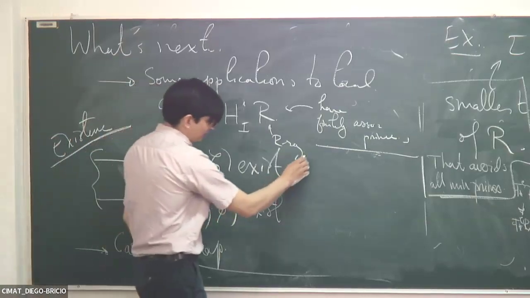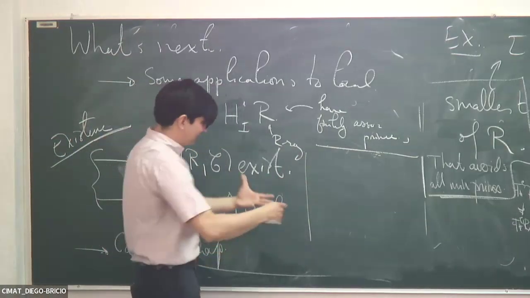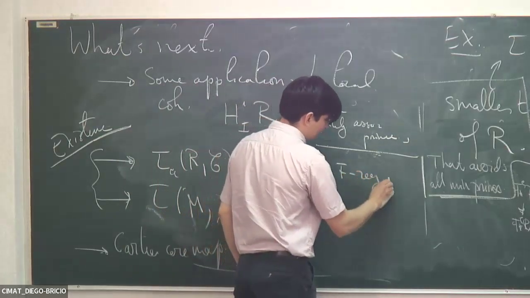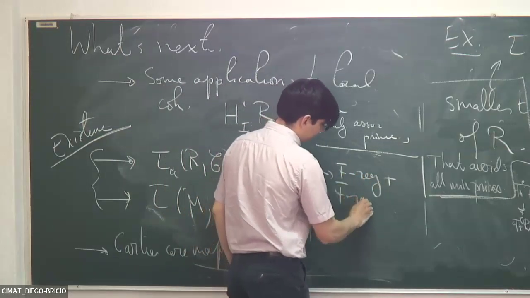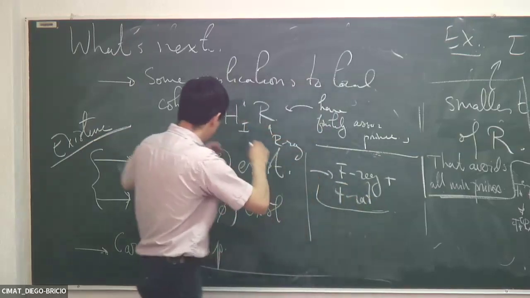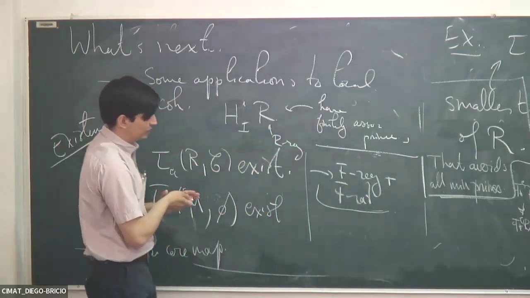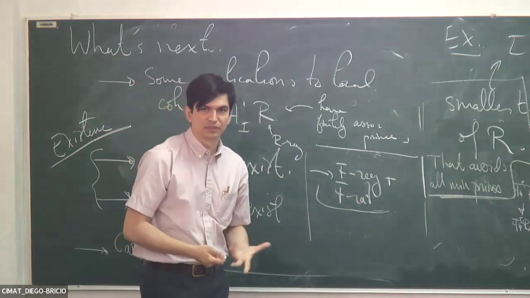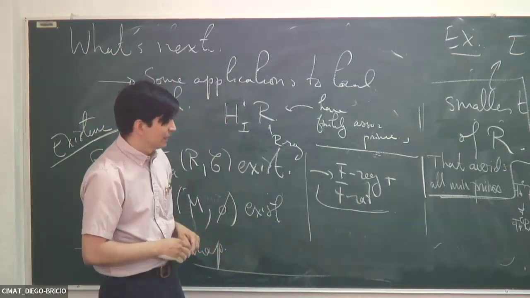And well, then after that, we're going to come back to F-regularity plus F-rationality. And we're going to use all this knowledge we have acquired to give the important properties and understand how everything works.